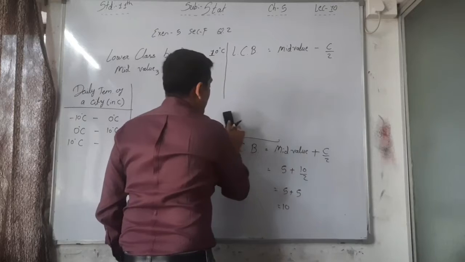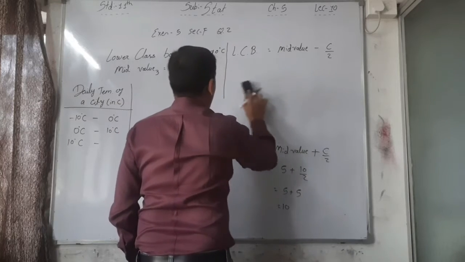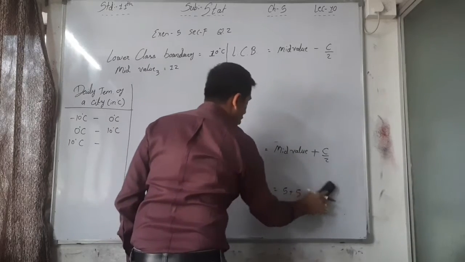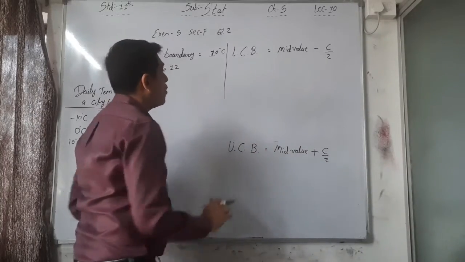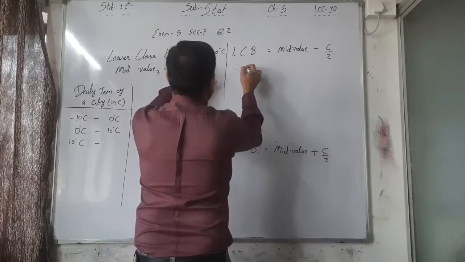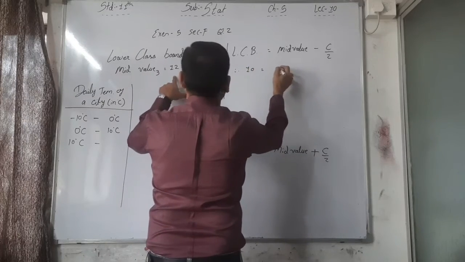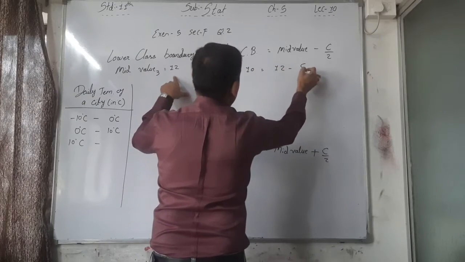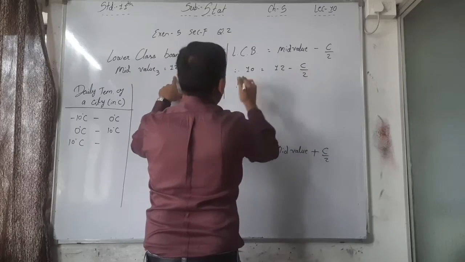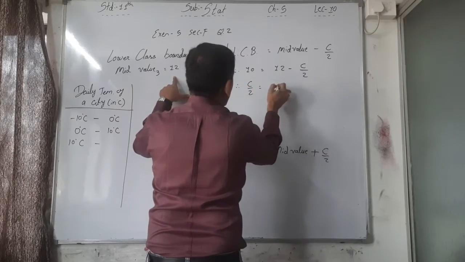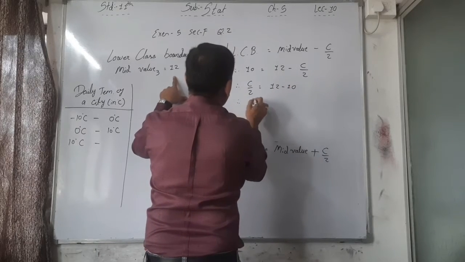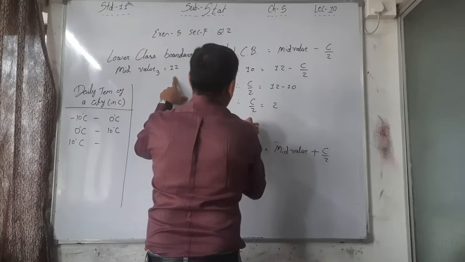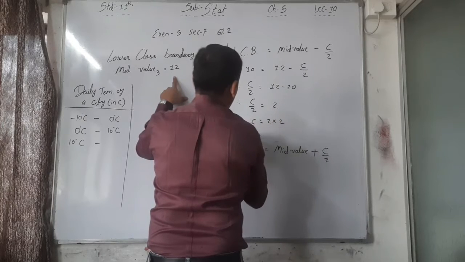See, repeat this. In each and every class we have to find out the class length, because the class length is not equal, and on the basis of class length we have to find out the upper class boundary. Again lower class boundary is equal to 10, mid value is equal to 12 minus C by 2. Therefore C by 2 is equal to 12 minus 10, that's why C by 2 is equal to 2, that's why C is equal to 2 into 2, that's why C is equal to 4.